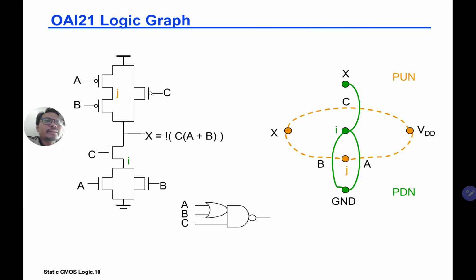B is connected to ground and C, and then C is connected to X and B. In fact, B and C we can share the diffusion, but in this case we cannot share because we have an interrupted diffusion strip, because it doesn't conform to the Euler path.